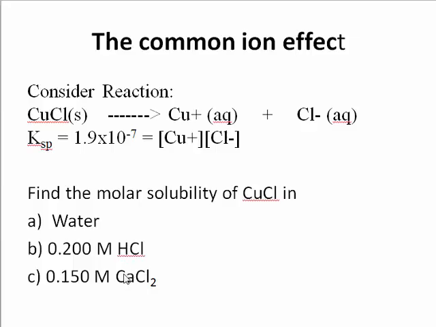Calcium chloride, remember, is a soluble chloride. And remember, HCl is a strong acid. All right, you should at least be able to attempt A on your own. We will look at a solution to A and then solutions for B and C.